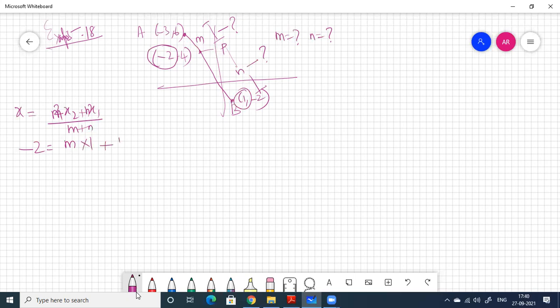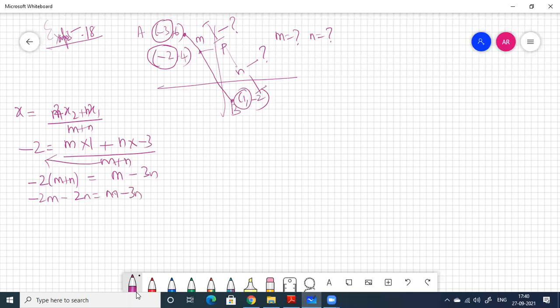We don't know n. x1 is -3, so n into -3, divided by m plus n. Take this to the other side: -2 into (m plus n) is equal to m minus 3n. So -2m minus 2n is equal to m minus 3n.